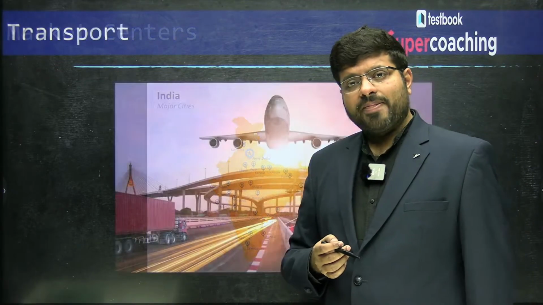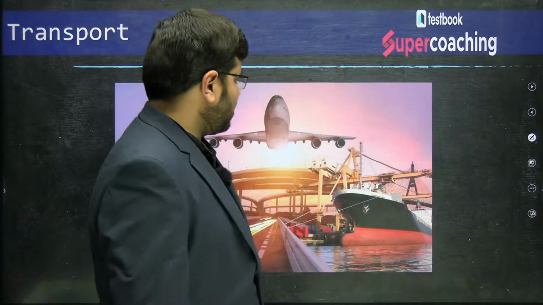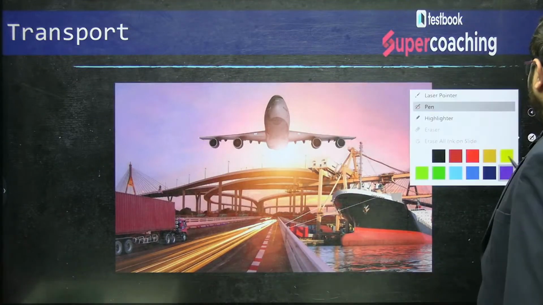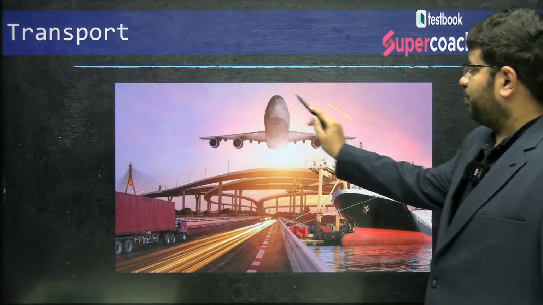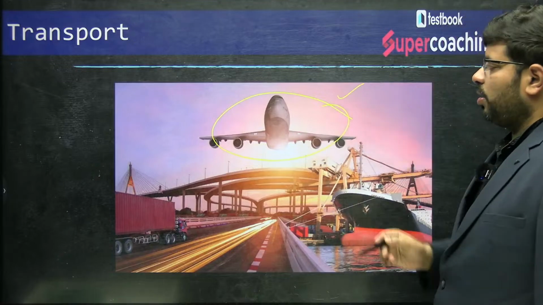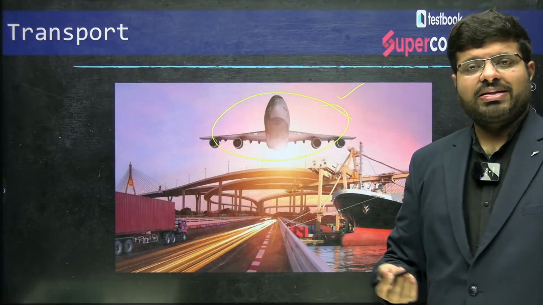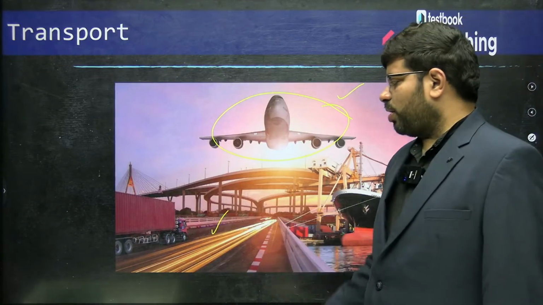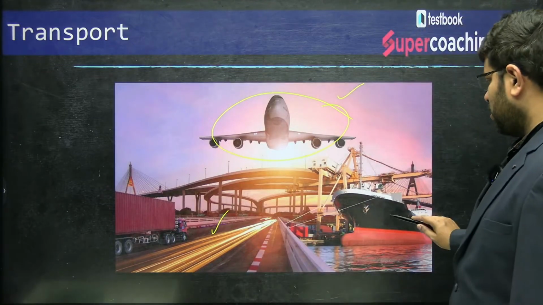Not just that, another important thing, you have the transport. Transport has a huge role to play. So, transport will be determining what kind of locations you have. Say, aircraft industry, I gave an example like Zomato. You can see the road, you can see the ship.